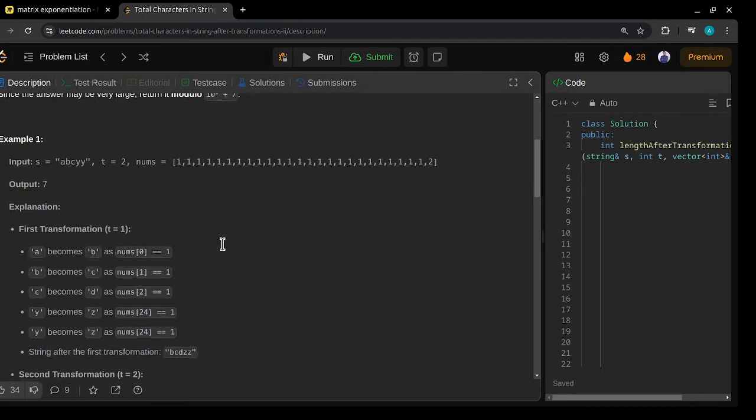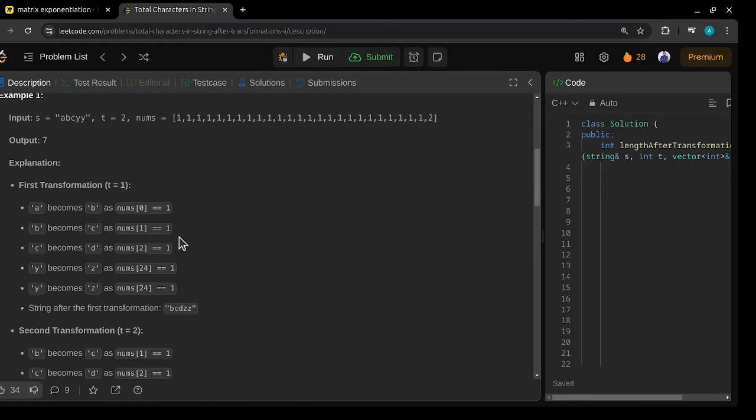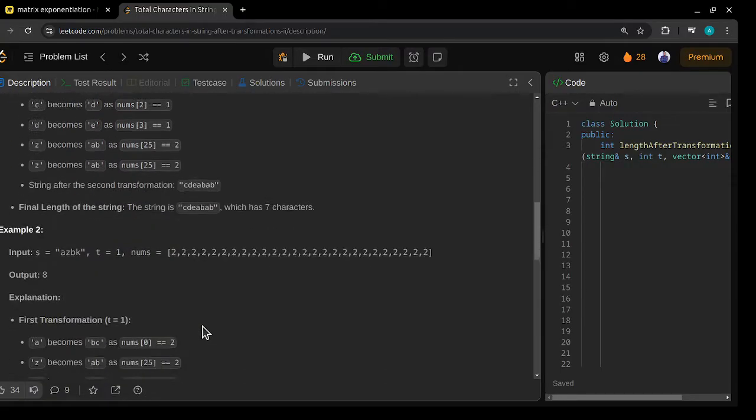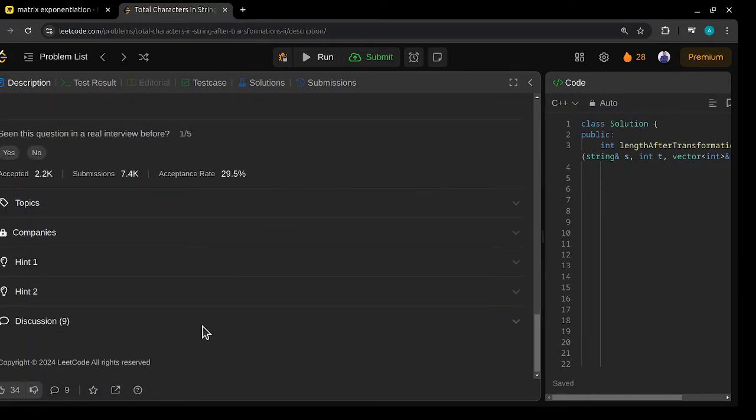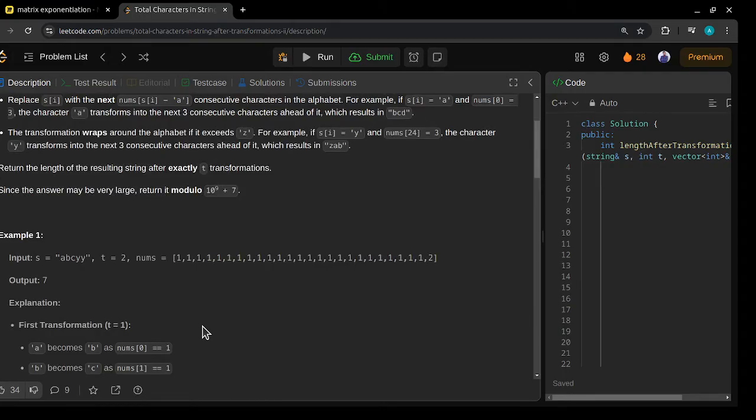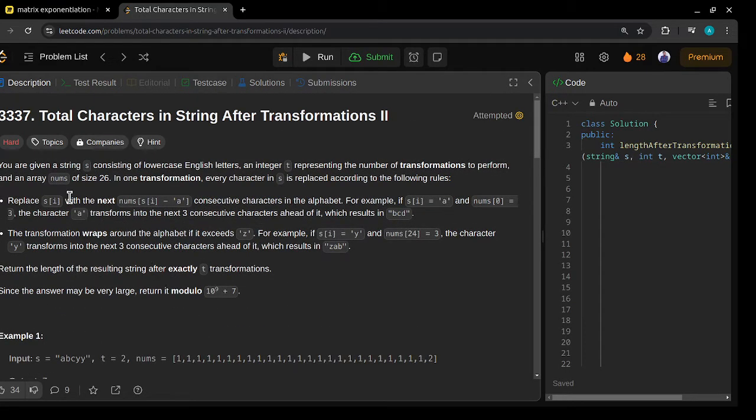So after t transformations, you have to calculate how many characters will be formed. This is the question. You can understand it easily from the given link.